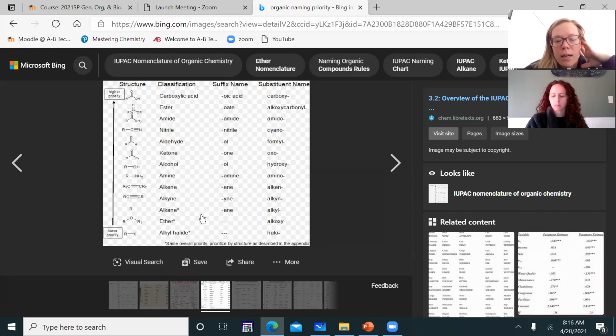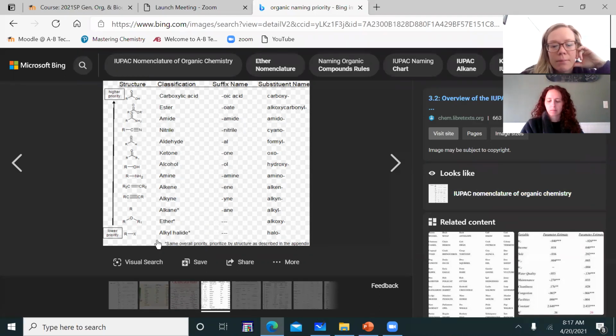Okay, so if we look here, an alkyl or a halide, so like Cl or F or something like that, those are down at the bottom. Then we can see an alkane, alkyne, alkene, amine, which we haven't gone over. Here's alcohol. You see how alcohol sits higher on the priority list?